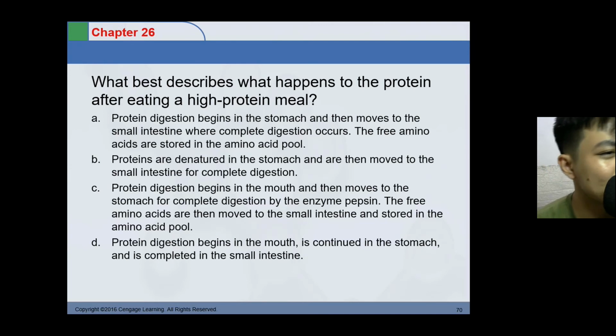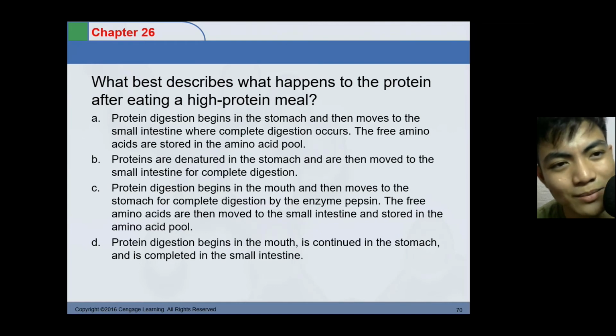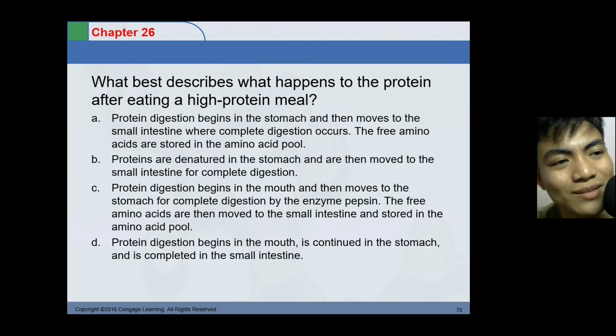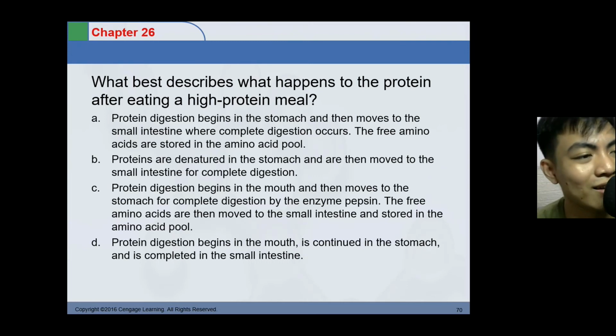So letter A, digestion begins in the stomach, then moves to the small intestine where complete digestion occurs. Free amino acids are stored in the amino acid pool. So, kakabasa pa lang natin, alam natin siya na yung sagot. Okay? Siya na yung sagot kasi basically yan yung dinescribe natin earlier, di ba? So, letter B, sabi dyan, denatured in stomach, yes.